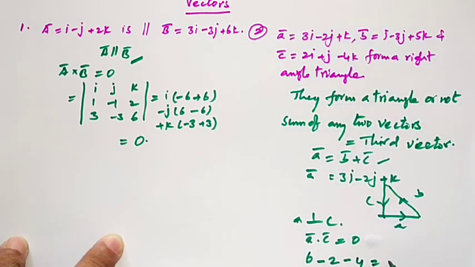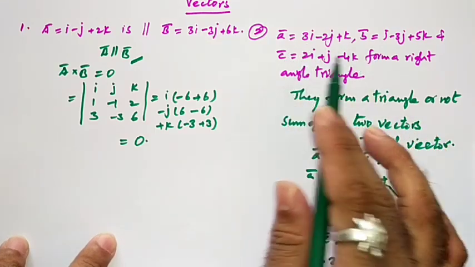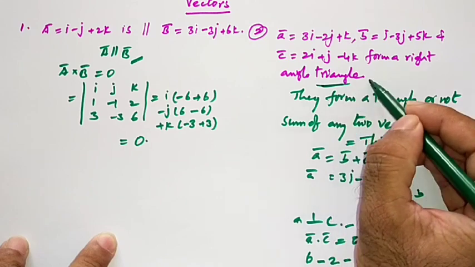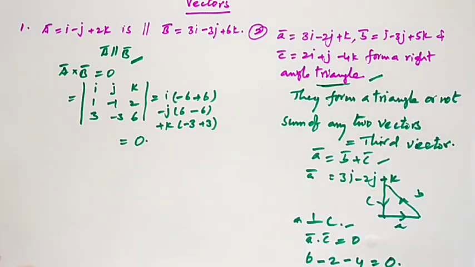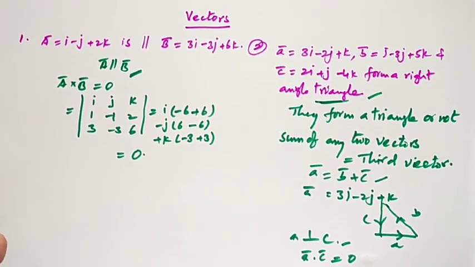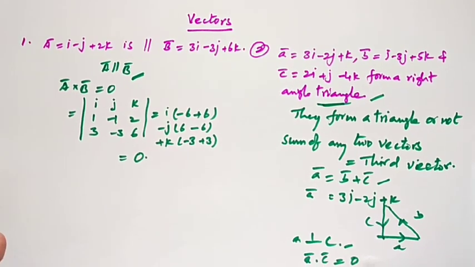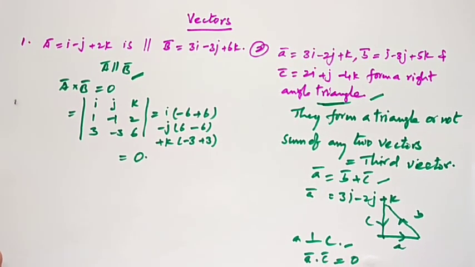What is the value? 6 minus 6, that is 0. So A is perpendicular to C. Therefore vectors A, B, C can form a right angle triangle. Understood? In this way one can verify whether the given vectors form a triangle, and if they do, whether they are a right angle triangle or not.